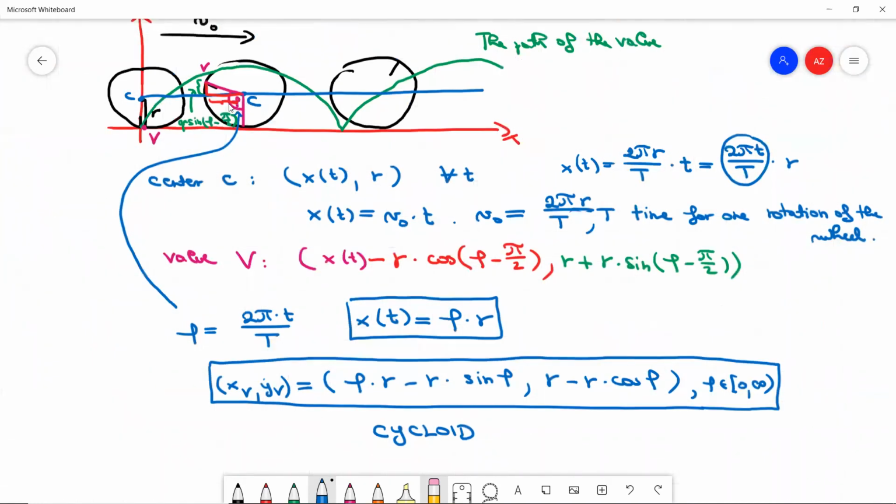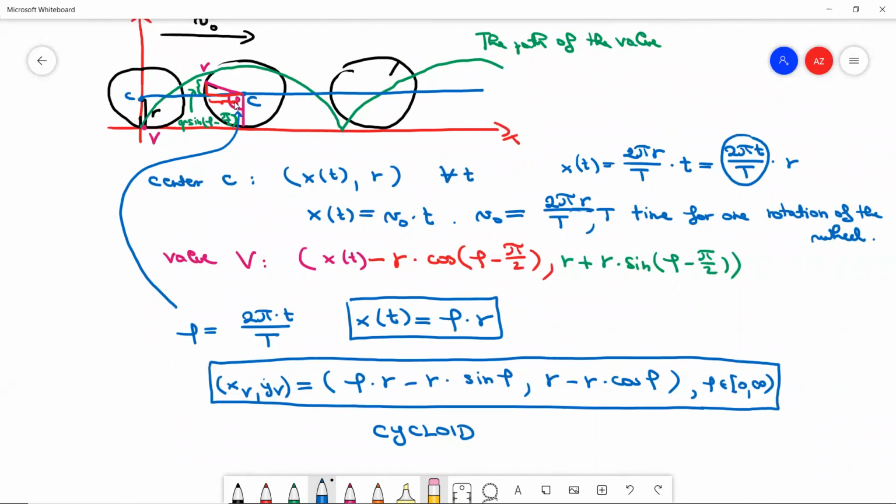Of course, in this picture, phi looks like it is between 0 and 2 pi, but 3 pi means that the wheel already did one rotation, and then it's on the half of the second rotation.